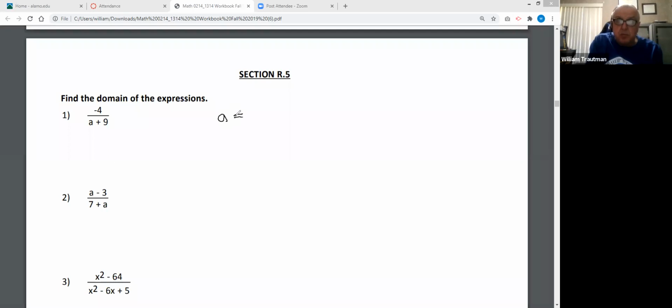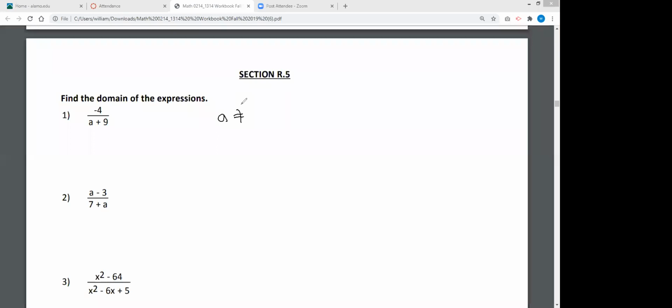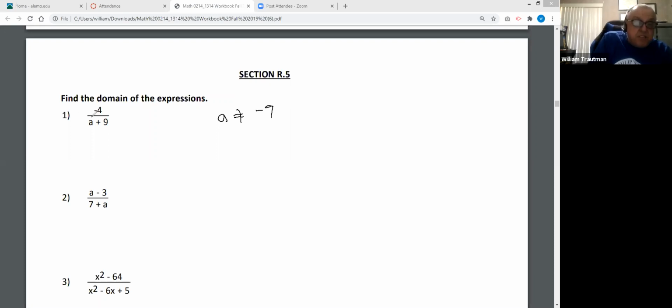A, and this is the symbol for cannot equal. A cannot equal what number? -9? Yes, exactly. Because if I put a -9 in here, I get a -4 on top, and -9 plus 9 is 0, and on my calculator, that's undefined.